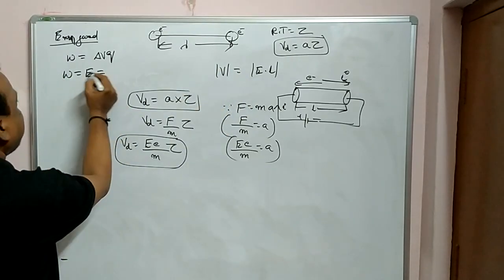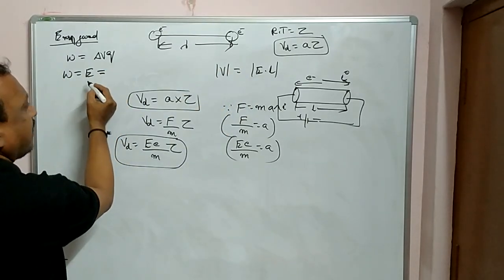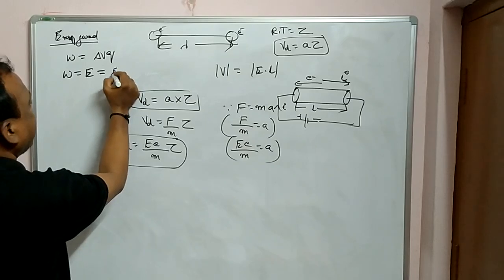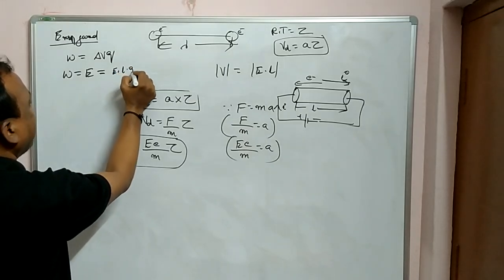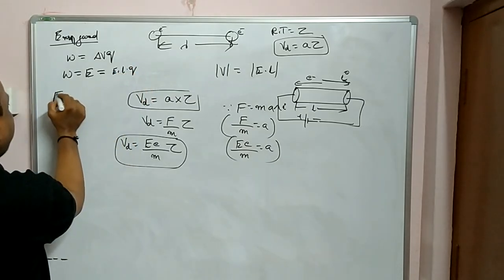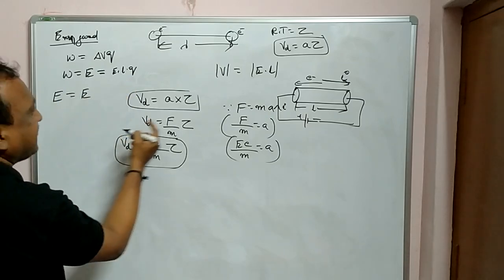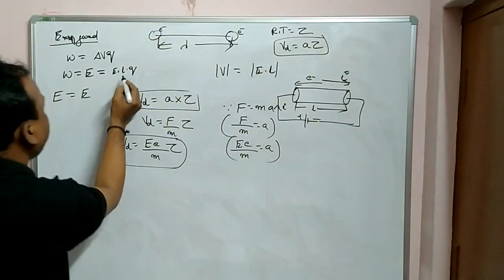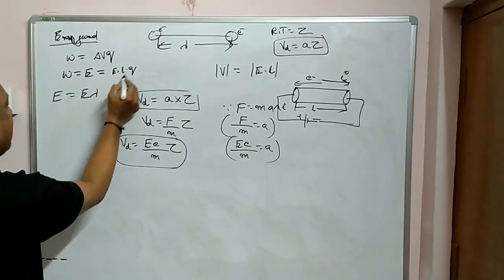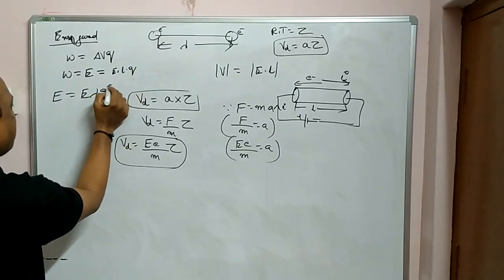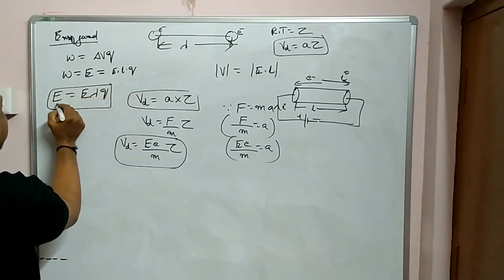So energy, or work, is equal to E into L into Q. So energy gained, I can take as a formula: electric field into length. Length I'll take as wavelength lambda, and Q, either Q or small e. So this is the energy gained.